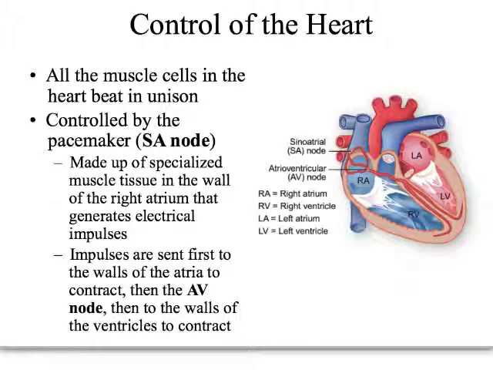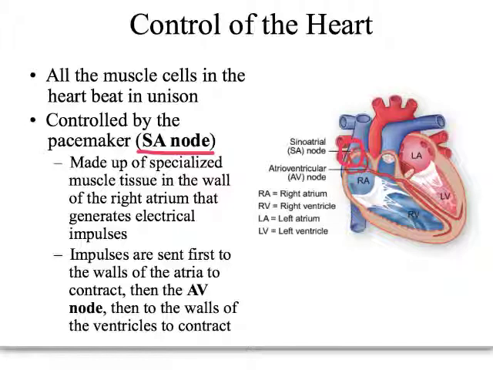Okay, so the SA node, the sinoatrial node, is basically here. It is specialized muscle tissue in the wall of the right atrium that generates electrical impulses. Those impulses are going to be sent down the heart, and they are hooked up to each muscle cell within the heart to make it contract or relax at the same time.